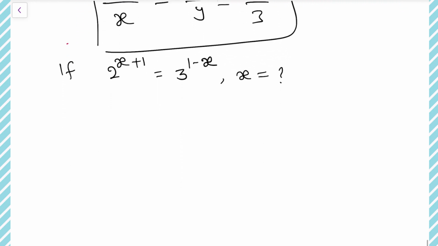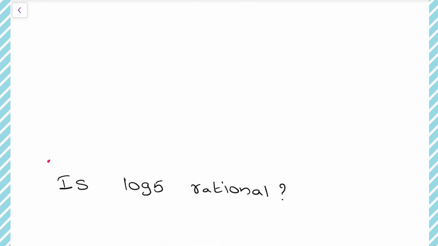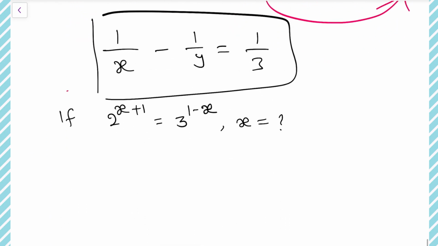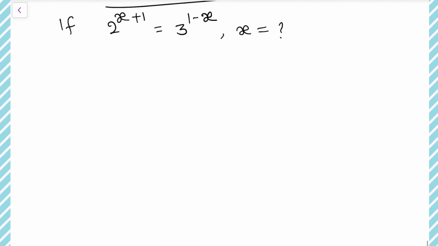Let's check the next question then. If 2^(x+1) = 3^(1-x), then find the x value. So first, for the given question, we need to apply log on both sides. So log 2^(x+1) = log 3^(1-x).